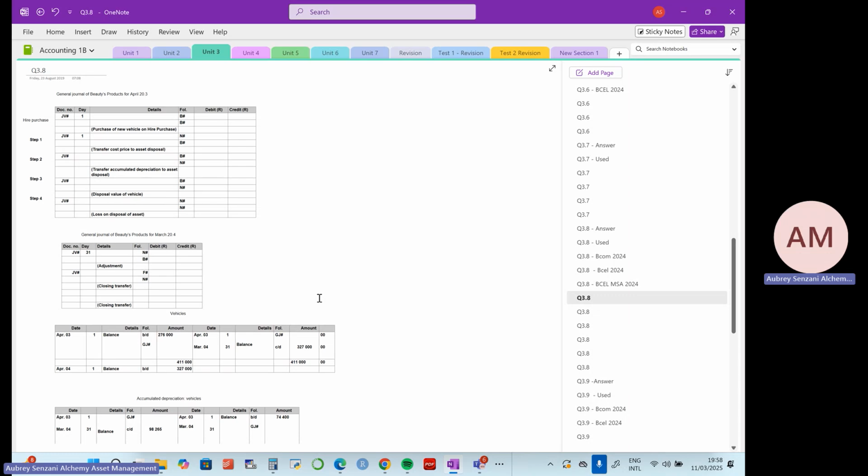Accumulated depreciation on 31 March 2003 on vehicles was 74,400. Additional information on 1 April 2003, a vehicle with a cost price of 84,000 and accumulated depreciation of 52,380 was traded in on a new vehicle bought from Kendra Motors.